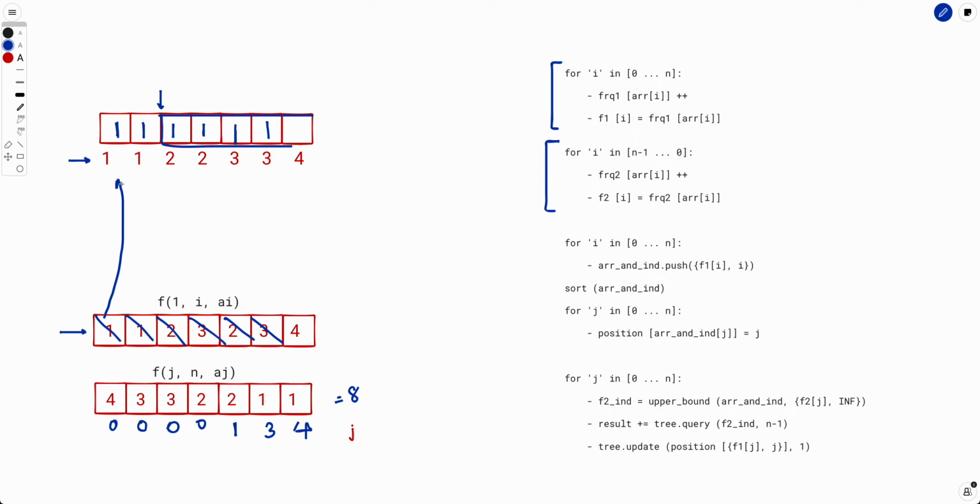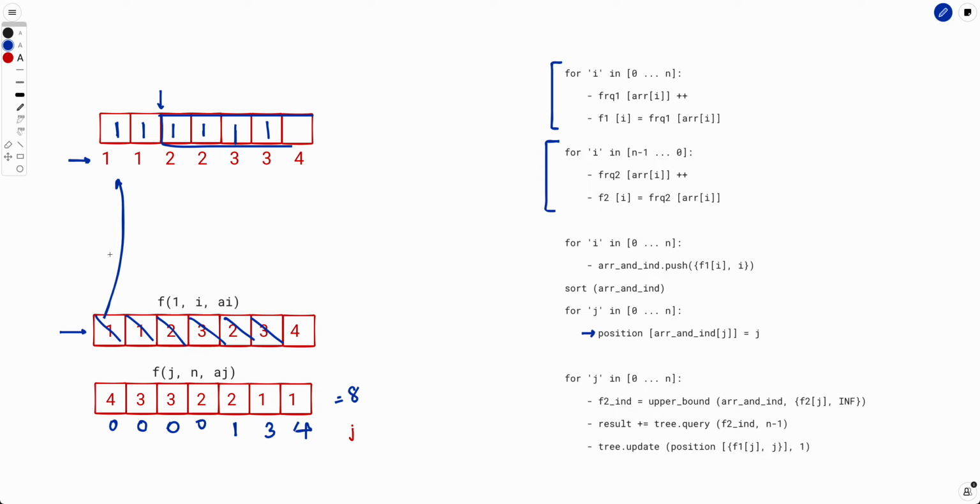So for this mapping, as we have discussed, we will keep track of array and indexes both, and sort this particular f1 array, because we have to count the number of elements from f1. So that's why we are taking f1 and sorting it to prepare the corresponding mapping. Now once we have done that, we will just figure out the position of each of the elements here.